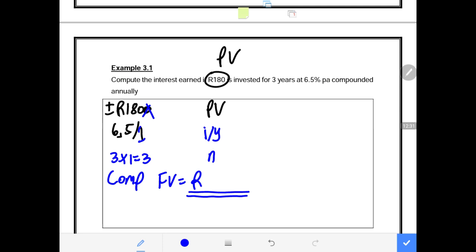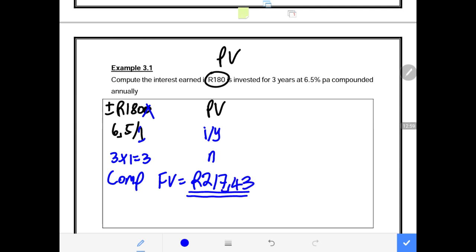Then we say 6.5 divided by 1. We press I/y, which is the interest. Then we say 3 times 1, we press n. In other words, 3 times 1, which is 3, is our n. Then we press the button comp, which is compute, C-O-M-P, then future value. What we are looking for is the future value, which is 217 rand 43 cents.